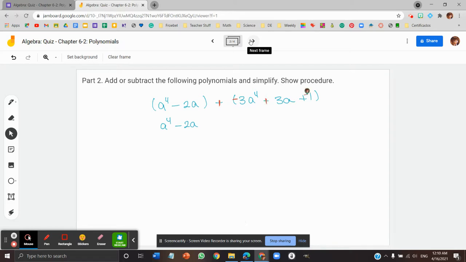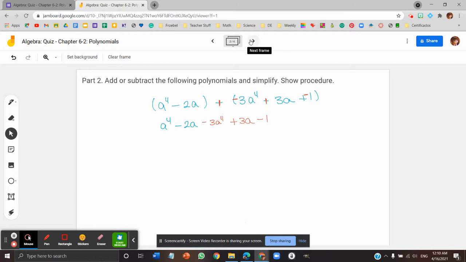Of all the group. Now the 3a to the fourth is going to be negative 3a to the fourth. Now the minus 3a is going to be plus 3a. And the plus 1 now is going to be negative or minus 1.